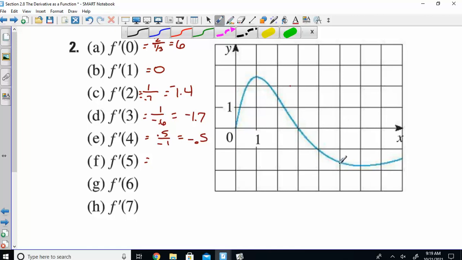F prime of 5. Up 0.3, and backwards 1, so we get a negative 0.3.